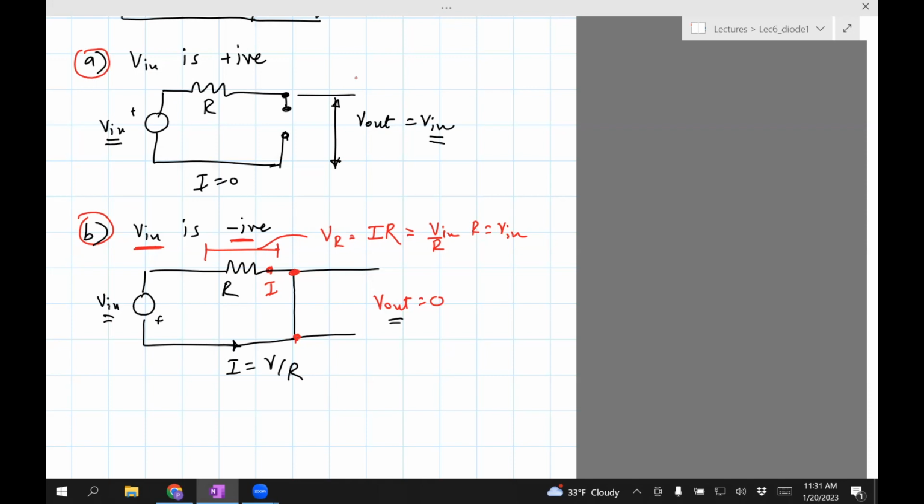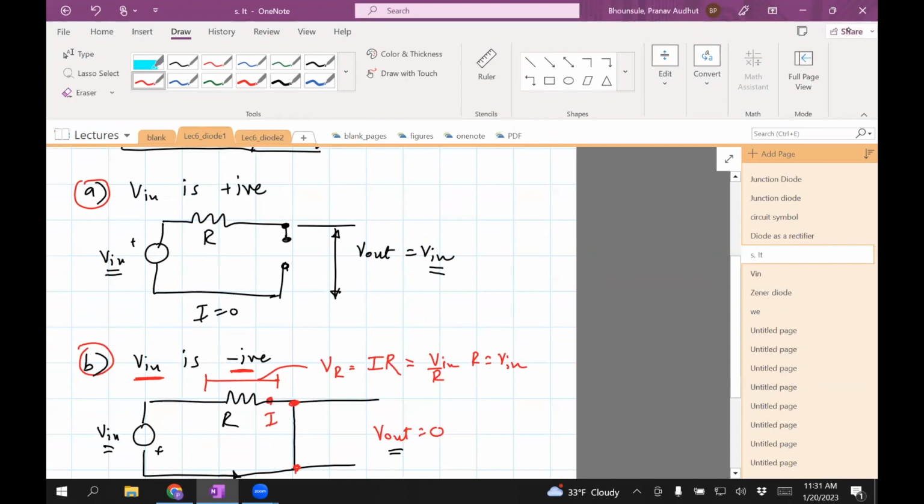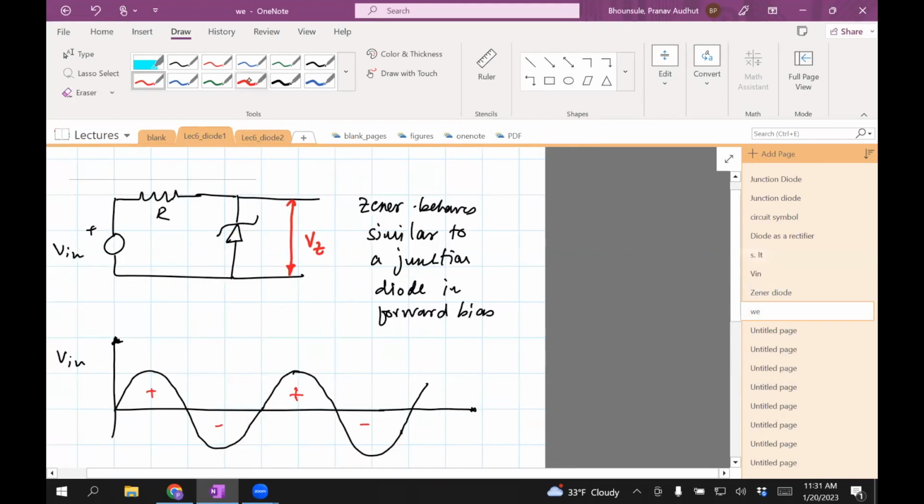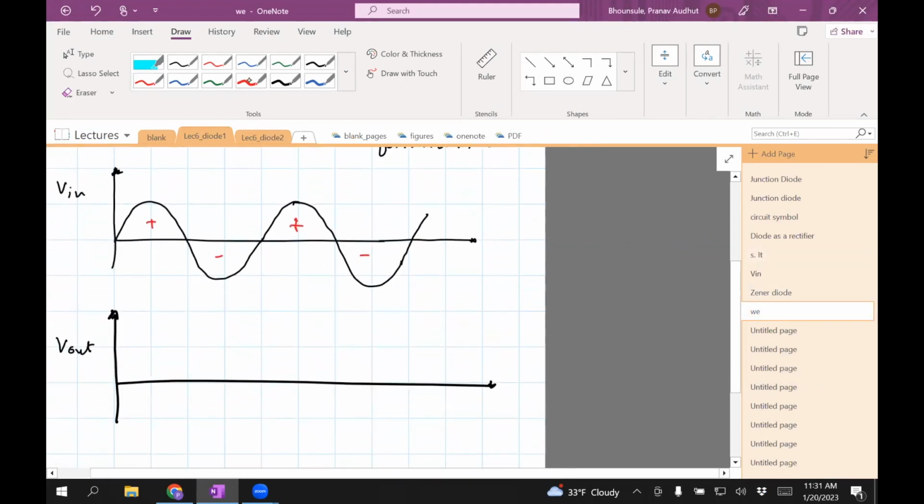So we can draw 0 here, from here to here. So we're done with that.